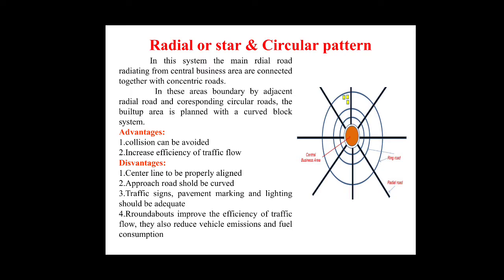The approach road should be curved, and the traffic signs, pavement markings and lighting should be adequate. The roundabouts improve the efficiency of the traffic flow, and they also reduce the vehicle emissions and fuel consumption.